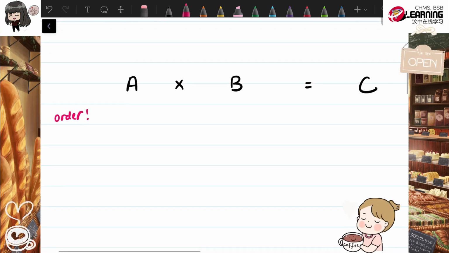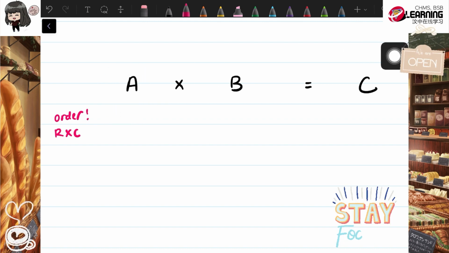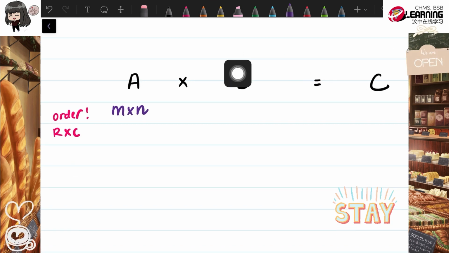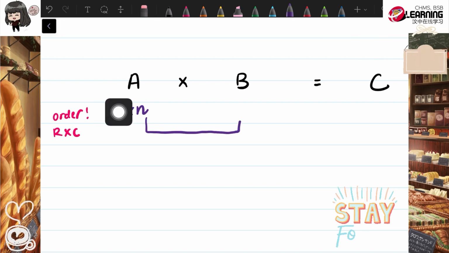Order means row times column. If the row by column for matrix A is, let's say, m times n, matrix B must follow this column. This is row times column, m times n.